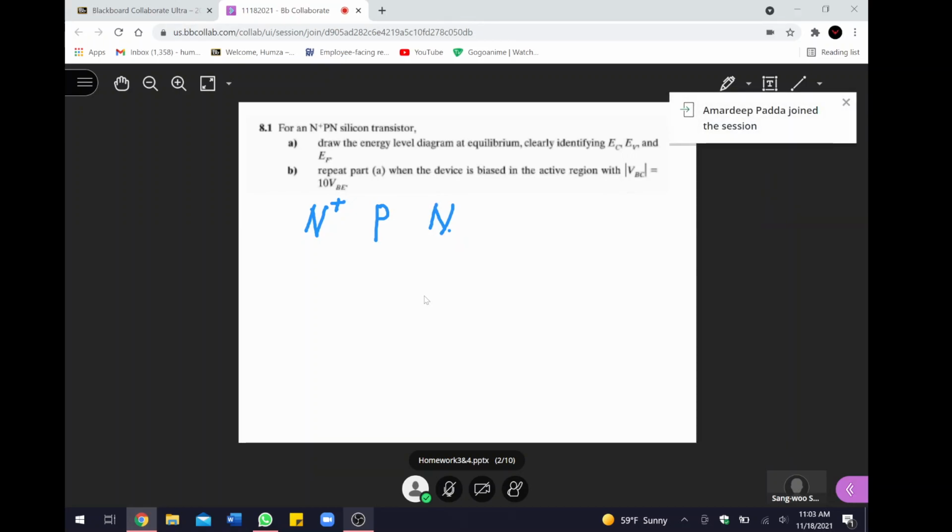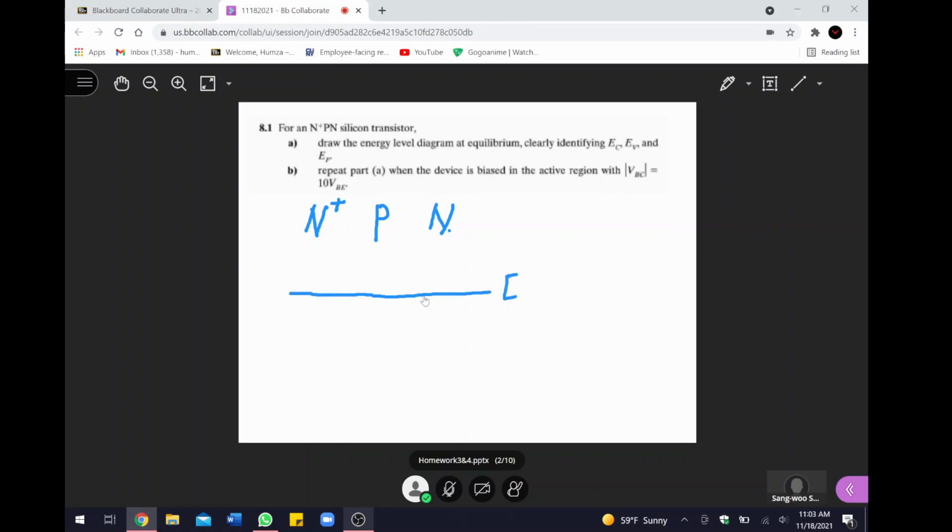When you draw the energy band diagram at thermal equilibrium, your EF first needs to be constant throughout the device structure. You have to do that always. Now we're gonna draw the diagram. N plus means that your conduction band is close to the EF.